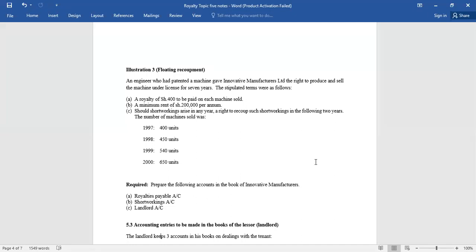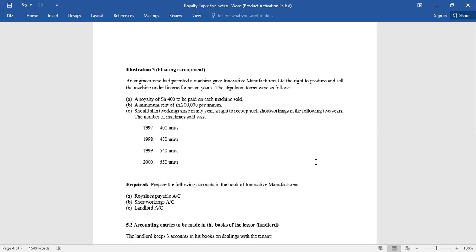So you've been given that clause. Should short workings arise in any year, a right to recoup such short workings in the following 2 years. In other words, it is floating. So we've not been told it's restricted to 2 years. It is subsequent 2 years.